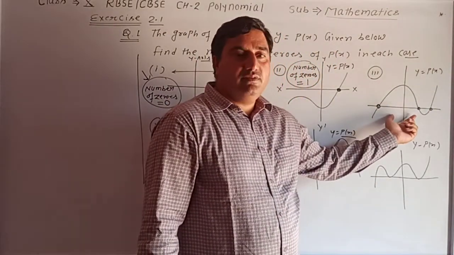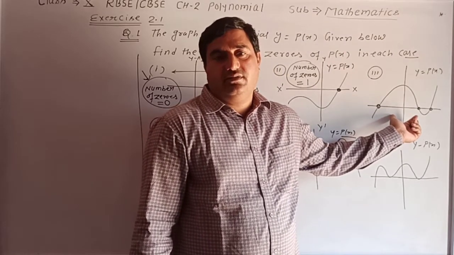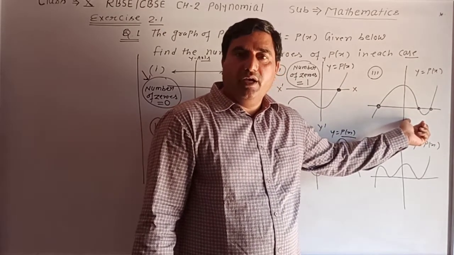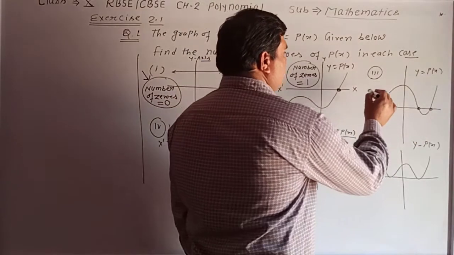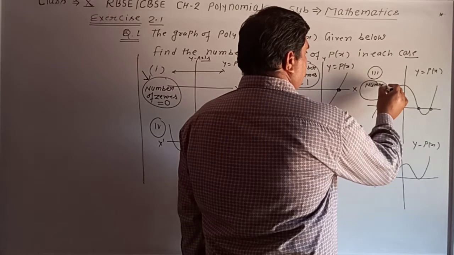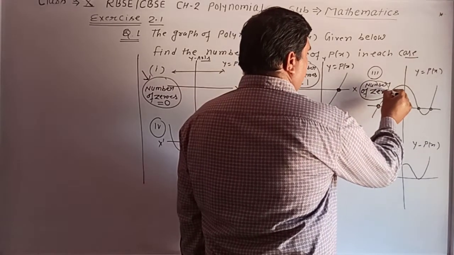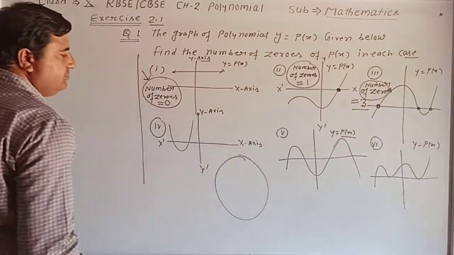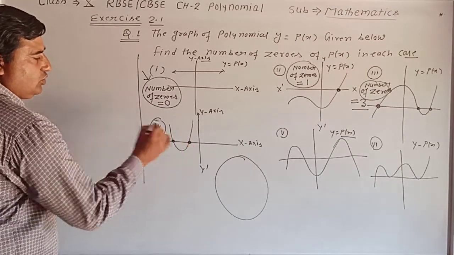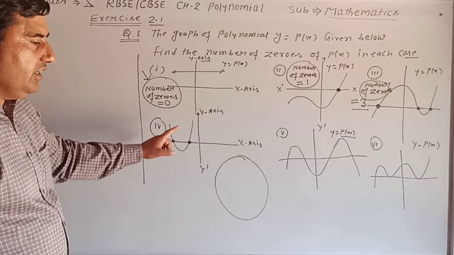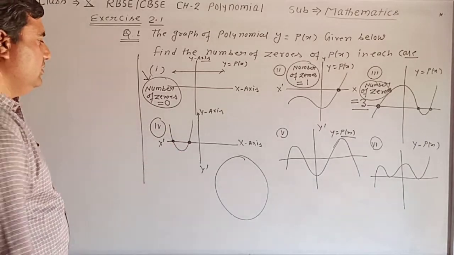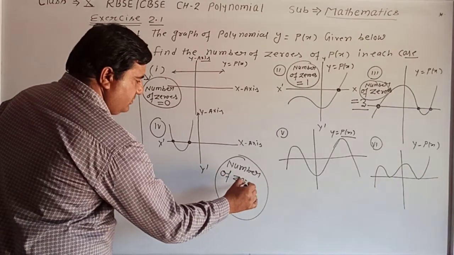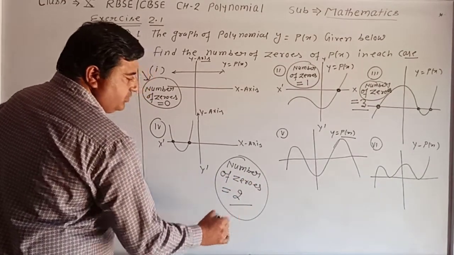So the graph intersects the x-axis 3 times, and the number of zeros is 3. This figure intersects the x-axis at 2 points, then the number of zeros equals 2.